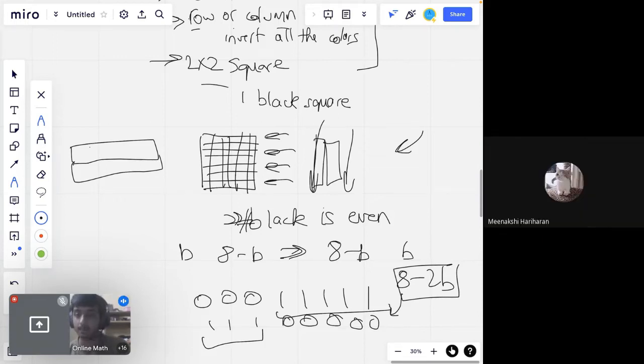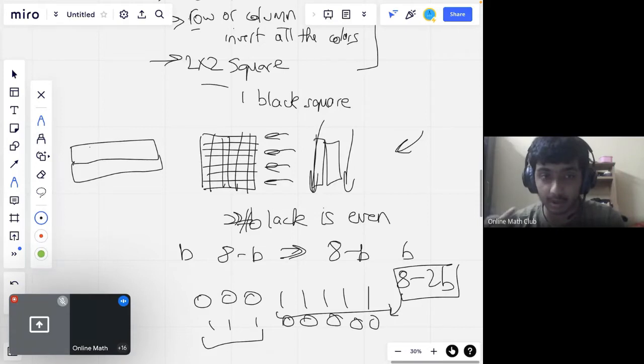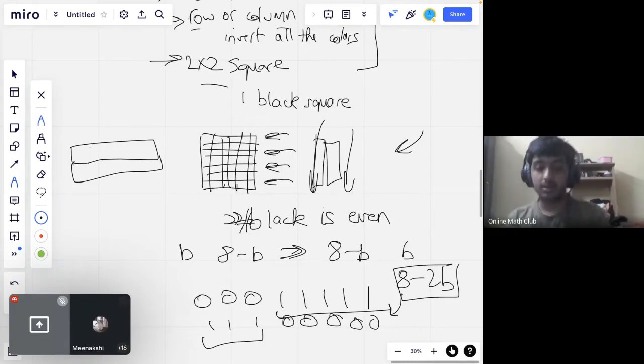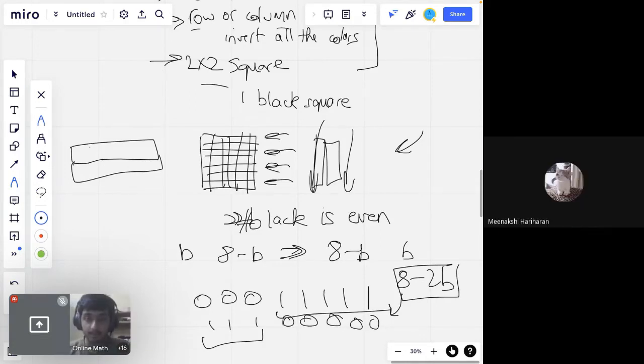But it doesn't necessarily change by an even number. Doesn't it necessarily change by an even number, though? I'm saying it doesn't necessarily need to change by an even number. Why not? So what if it's like 4 and 2, or 1 and okay, yeah.